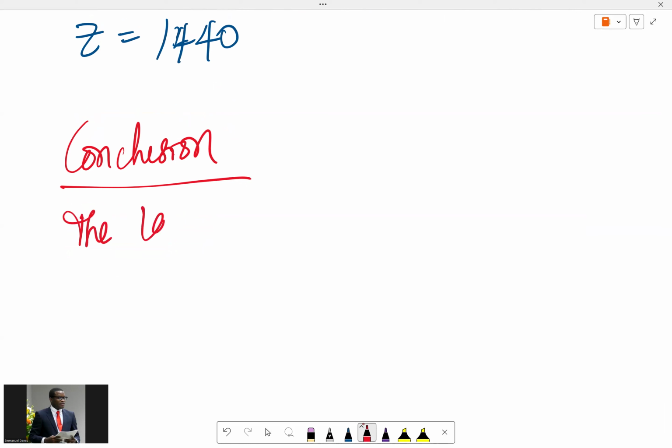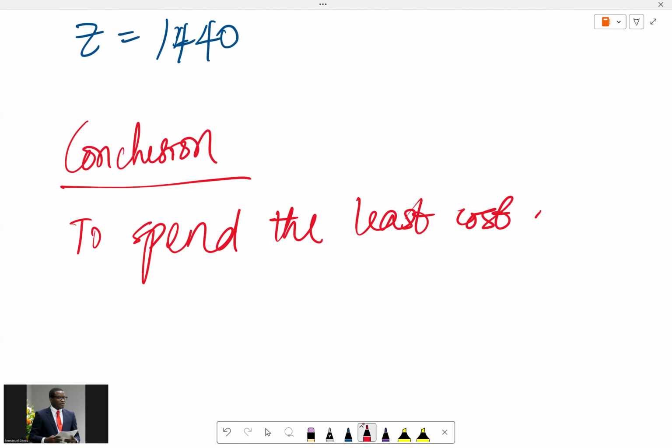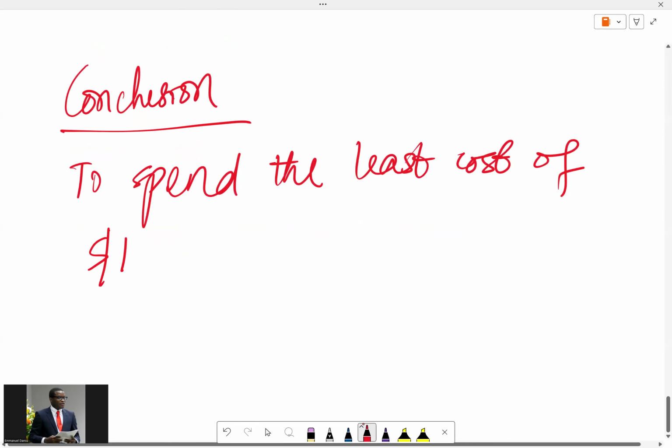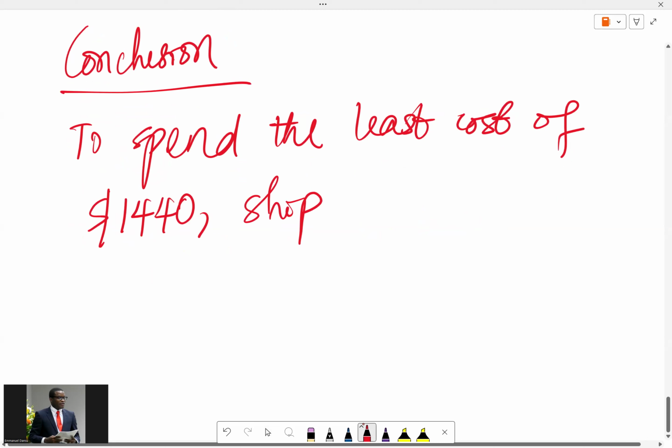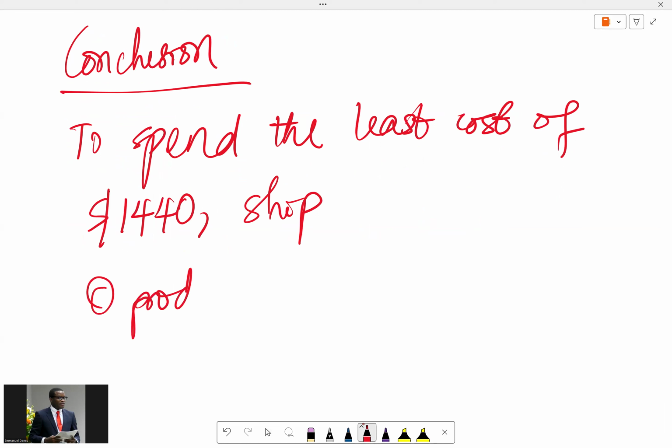Let me just put it this way: to spend the least cost of $1,440, ship zero products from warehouse one to store one.